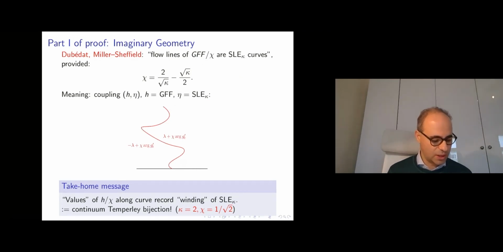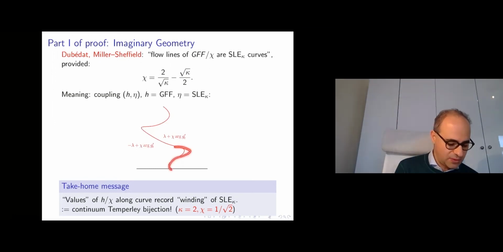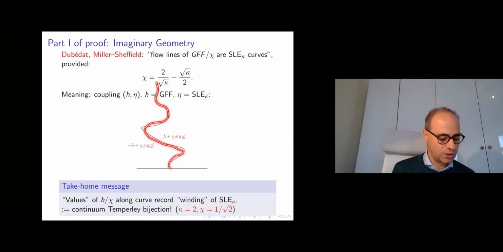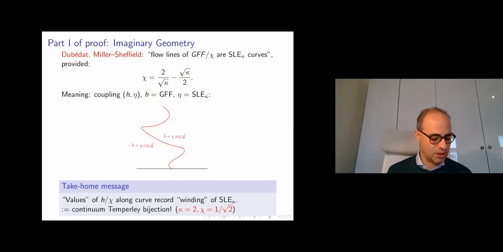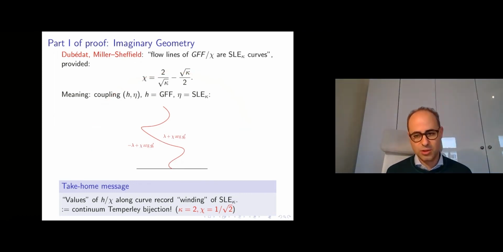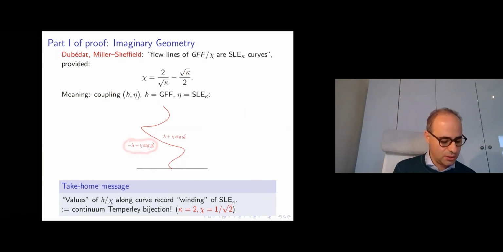Really, it says the following. It says that there is a coupling between a Gaussian free field H and an SLE kappa curve eta, such that if I condition on the particular realization of the SLE curve, then the value of the Gaussian free field in the complement is just given by a Gaussian free field where the boundary values are obtained by minus lambda.